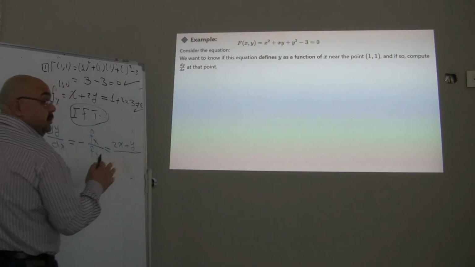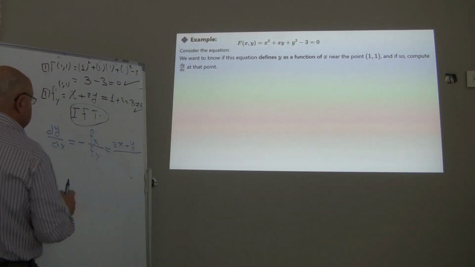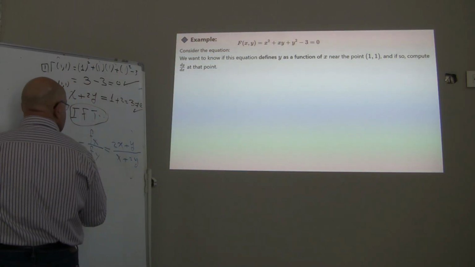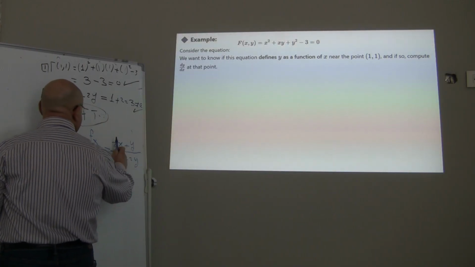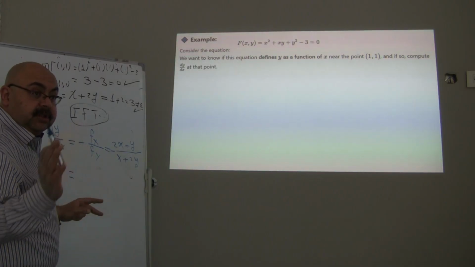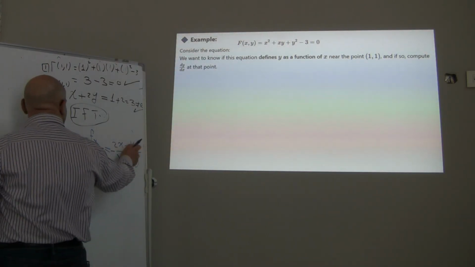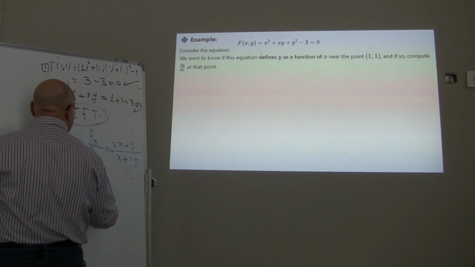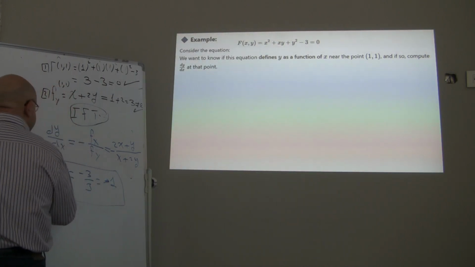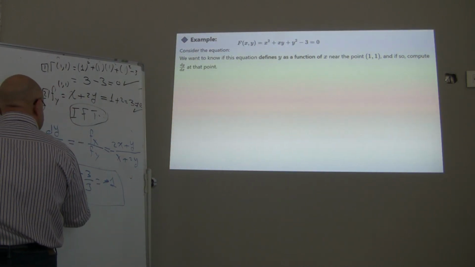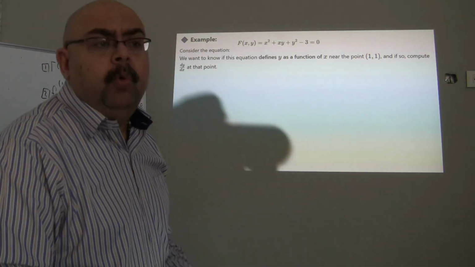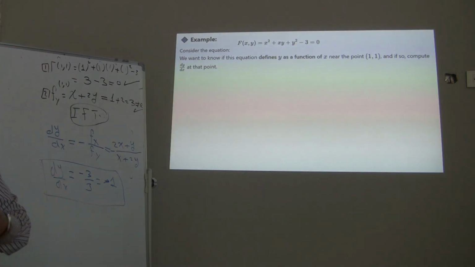I'm going to write it as variables, then I will substitute. So it's going to be x plus 2y. Let's start substituting. Of course, don't forget the negative sign here. Now start substituting at 1 and 1. It's going to be negative 3 over 3, so it comes to negative 1. So the value of the derivative dy by dx is going to come to negative 1 at this point. This is how we use the implicit function theorem.